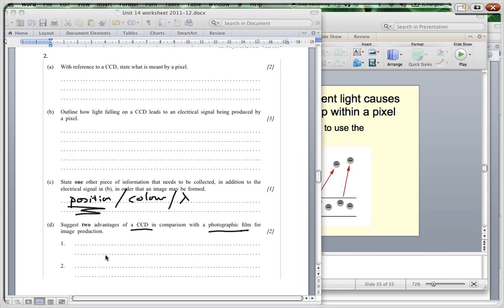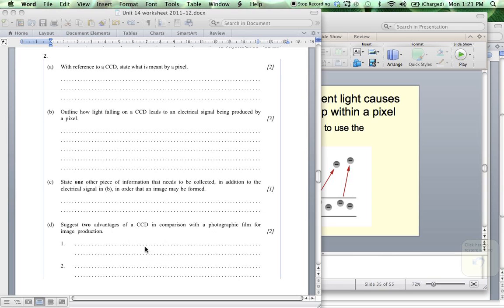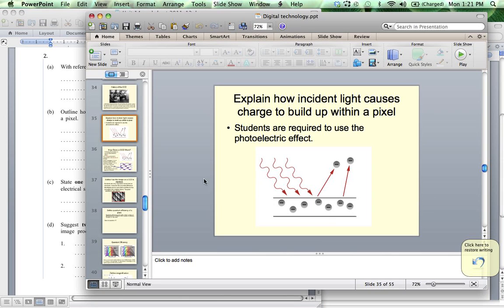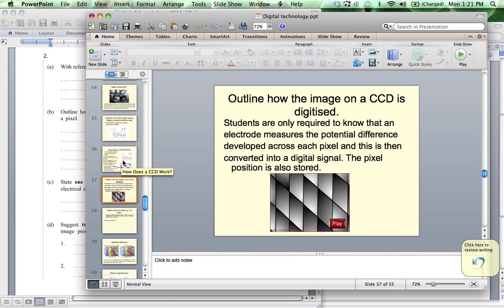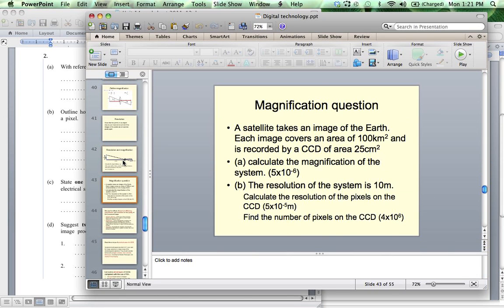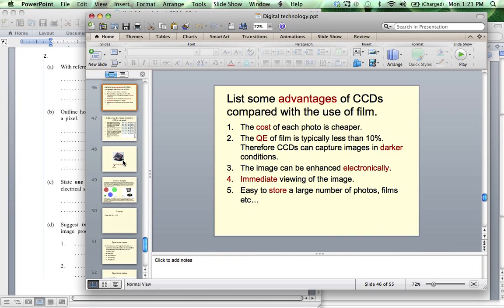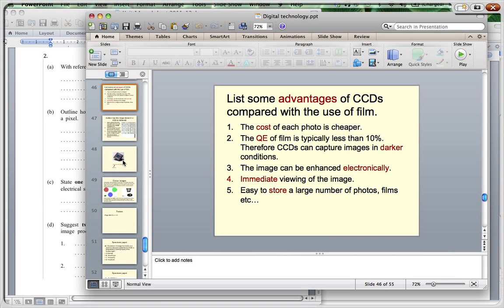Here I just want to call up the PowerPoint for this. Here we have some advantages of CCDs compared with the use of film. On cost, we don't have to take it and get it developed.